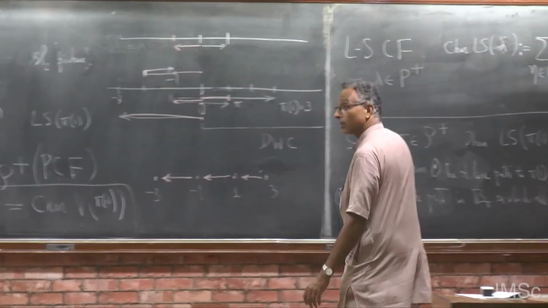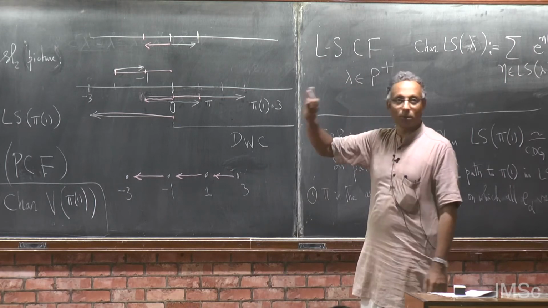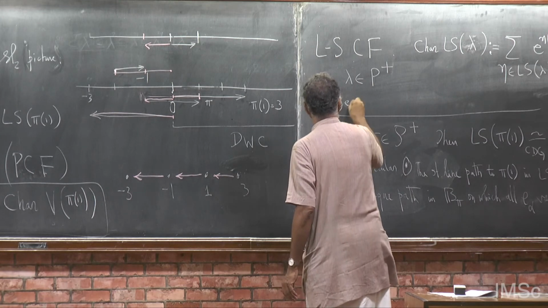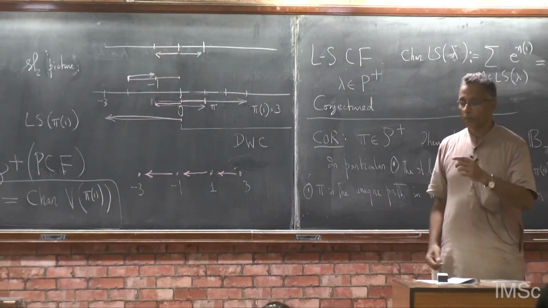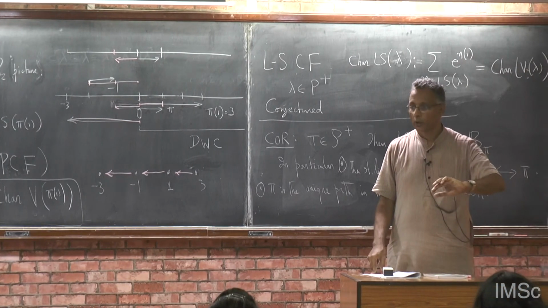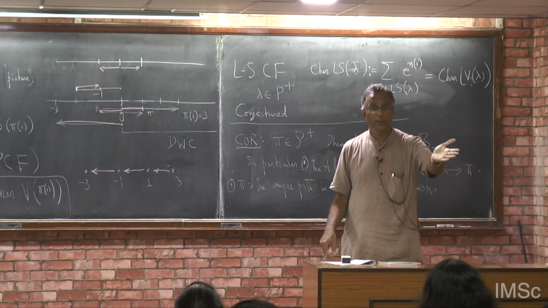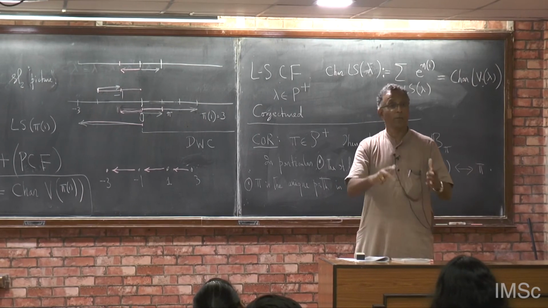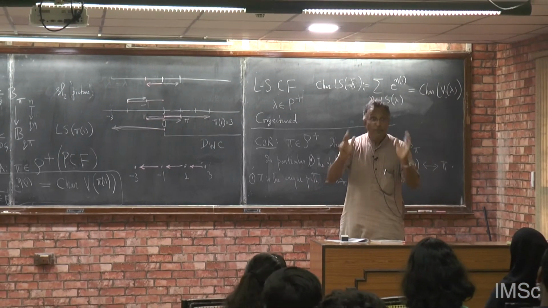Historically, the Lakshmibai-Seshadri paths were defined by Lakshmibai and Seshadri, although they didn't have the notion of paths. Remember, there was another characterization given of Lakshmibai-Seshadri paths, namely they are rational paths with certain integrality properties.